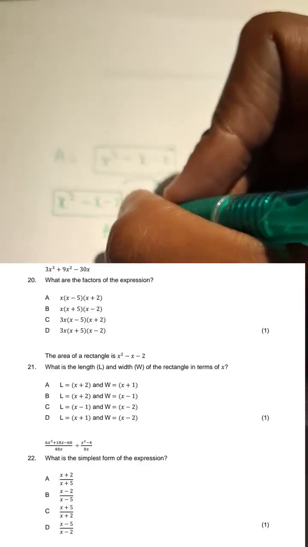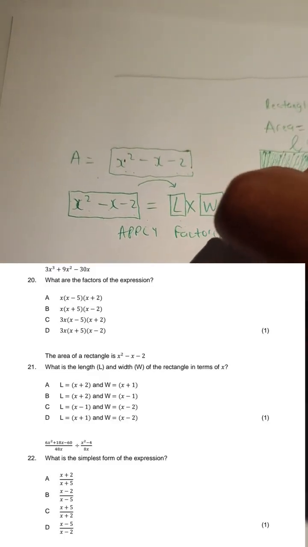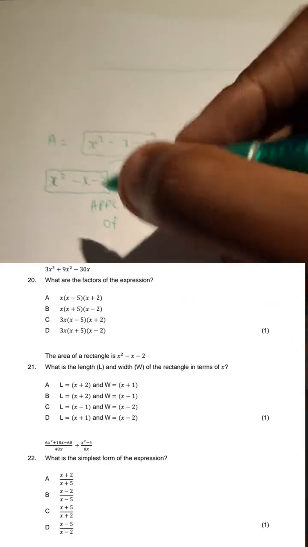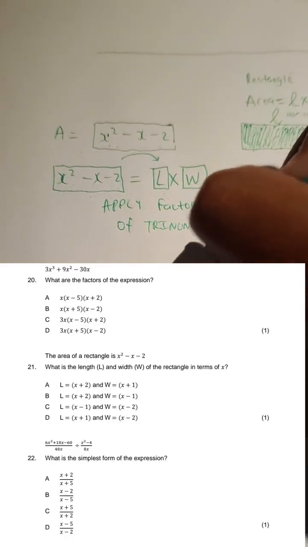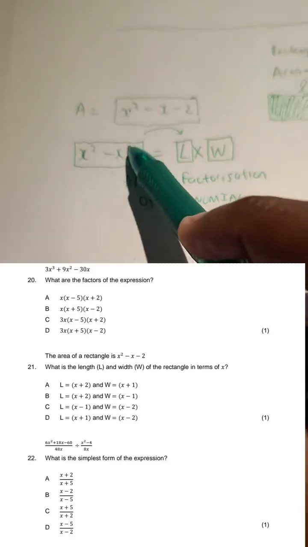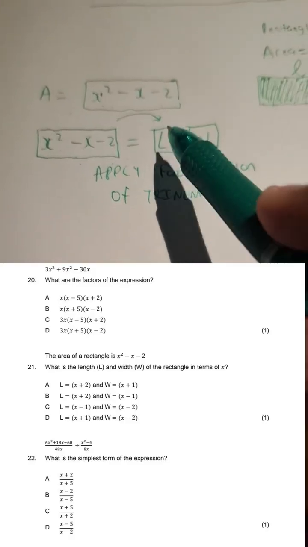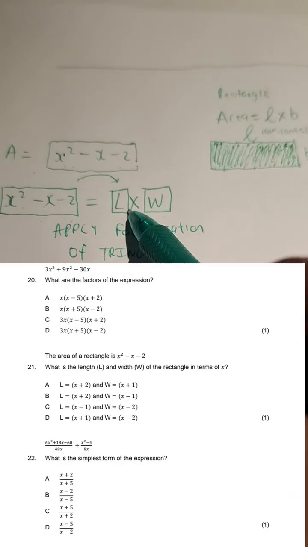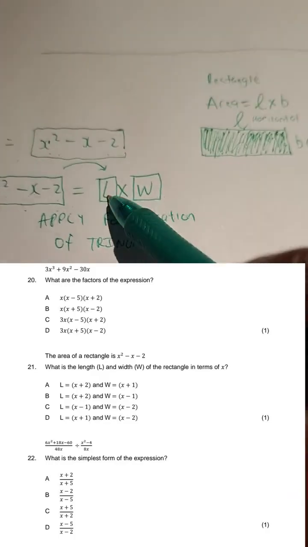So we are going to apply factorization. We can see this is a trinomial. When we factorize this trinomial, we are surely going to get the independent dimensions of this rectangle, its length and its width, which are products.